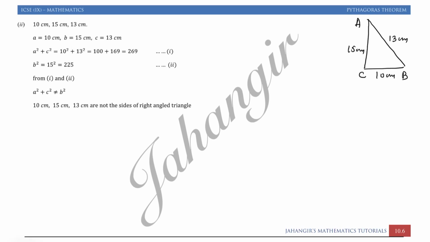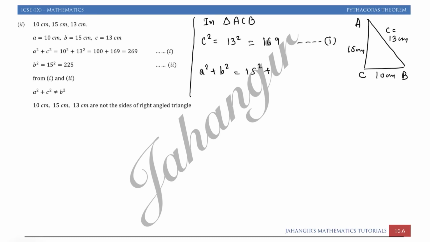So we can say in triangle ACB, longest side is C, so C square is equal to 13 square, that is equal to 169. Let us write it as result number 1. Now we will find the sum of the squares of the other two sides, that is A square plus B square, which is 15 square plus 10 square, 225.